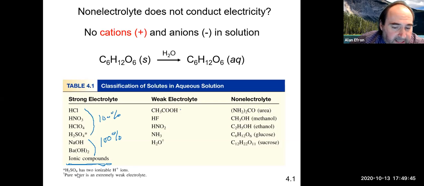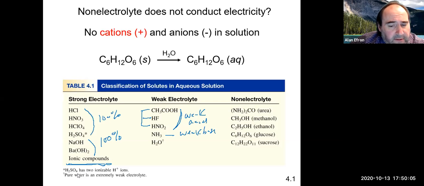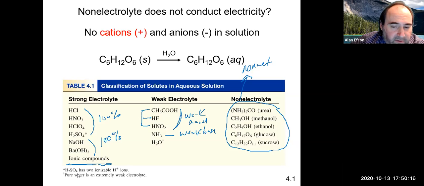These are some weak acids here: acetic acid, hydrofluoric acid, and nitrous acid. In solution, these will mainly stay together but will produce a little bit of ions. This one right here, NH3, is a weak base, which also will mainly stay together but produce a little bit of ions. And these are some non-electrolytes, and you can see these are for the most part non-metals together, so covalently bonding.